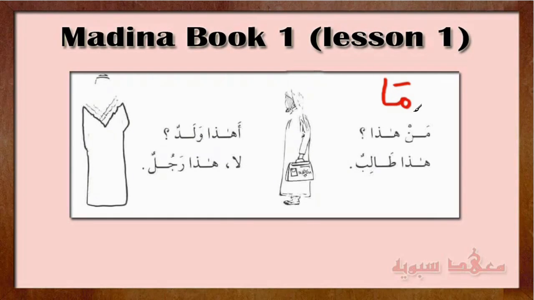Or more accurately, what is he? The difference being, when we use ma, we're not asking about the person himself, who he is. We're asking about what does he do? What is his profession? So if I spoke regarding somebody and asked ma hadha, a possible response could be hadha mudarris or hadha tabib, where it's indicating the occupation of the person.